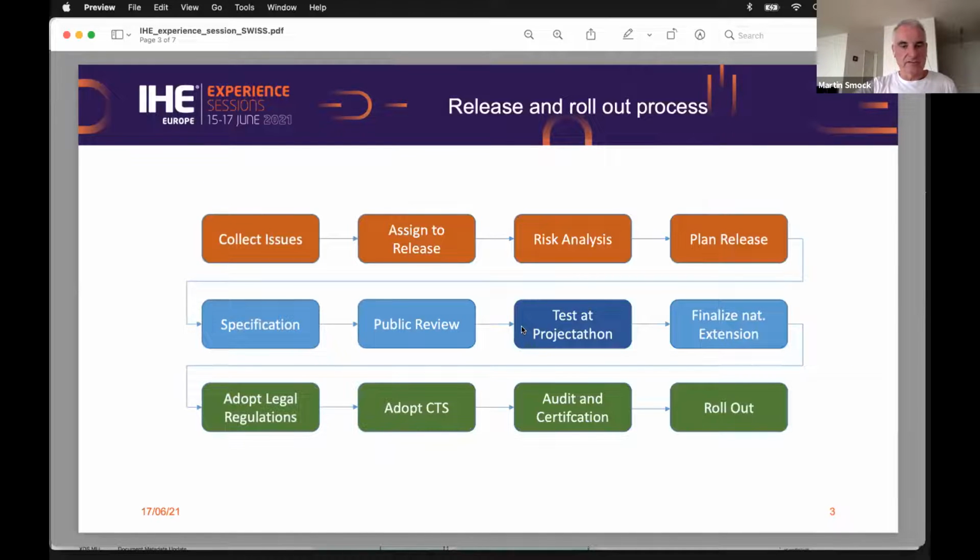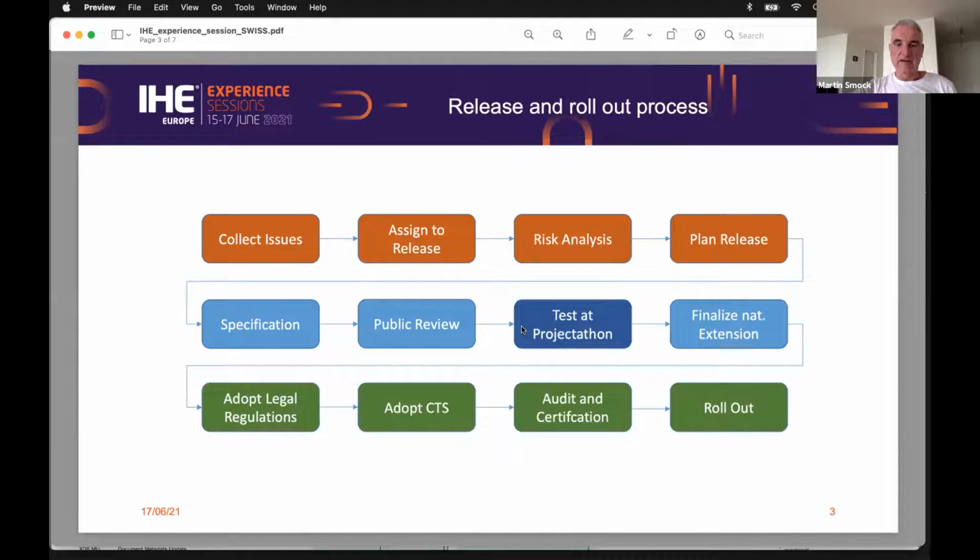The next picture shows a simplified release and rollout process we use for this whole national infrastructure involving all the different communities. We collect issues either from the Projectathon or from requirements we have from organizations or other stakeholders in Switzerland.